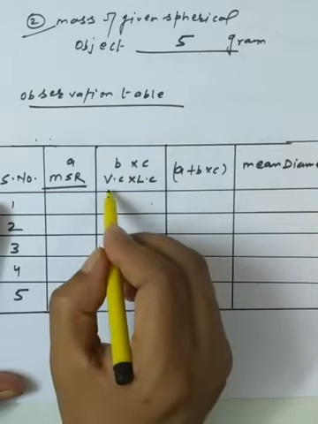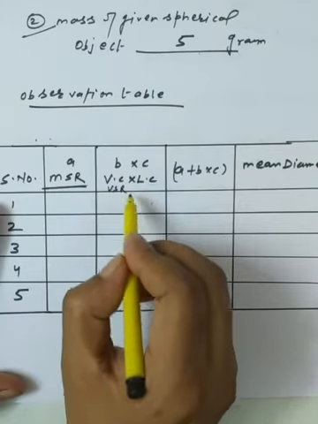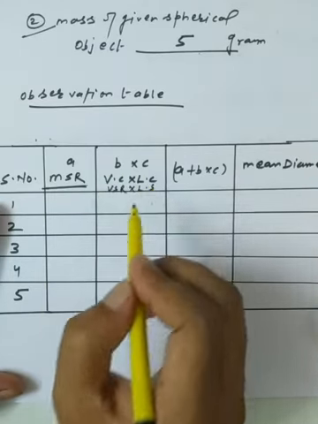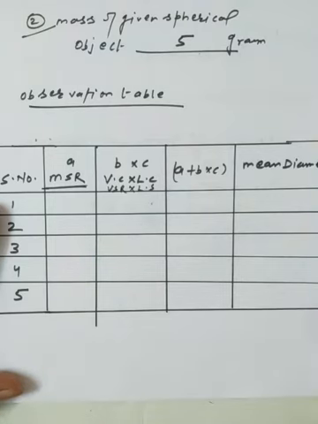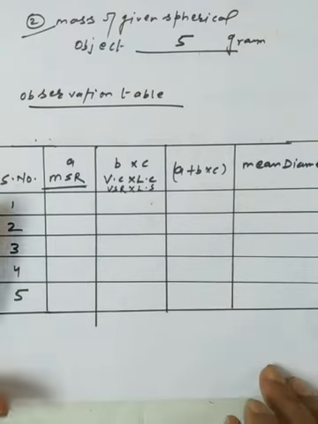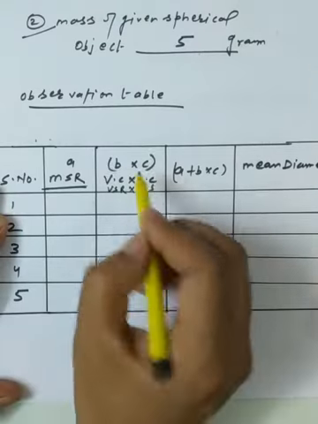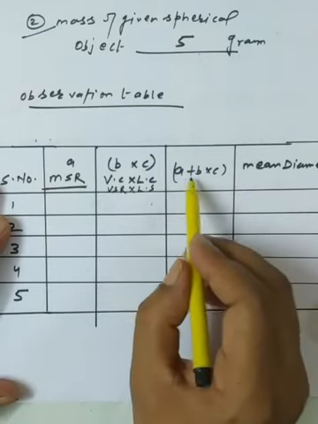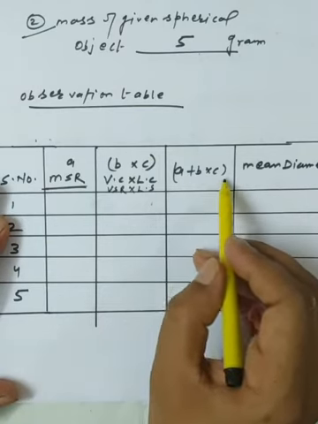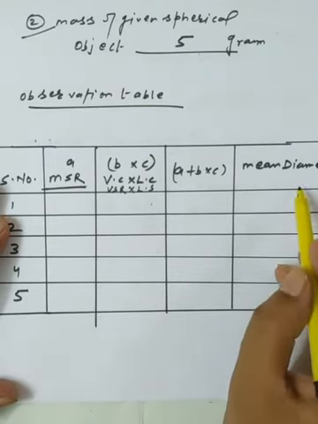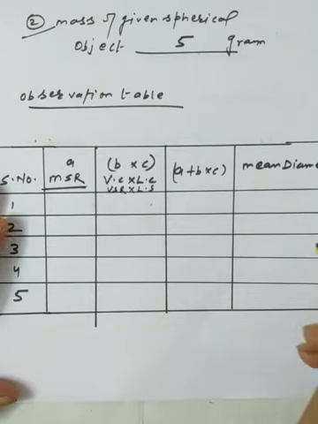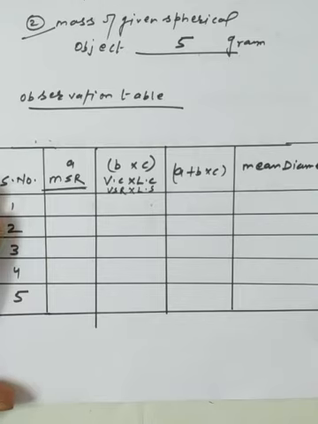Now vernier constant, and sometimes it is also mentioned as VSR into least count. VSR is equal to vernier scale reading, and generally it comes as the constant. So we are just using the VC here. Next we have to make the measurement A plus B cross C, that is MSR plus vernier constant into least count, and after that we will make the concern of the mean diameter. So the mean diameter we will approach directly. Okay, so here I am starting the basic method.